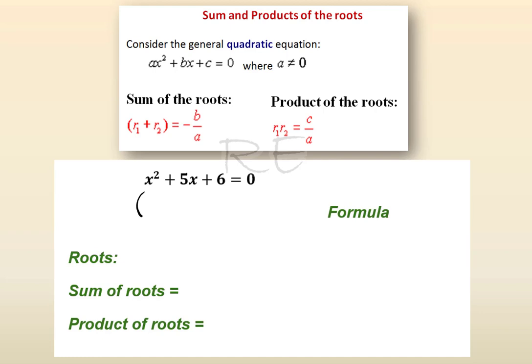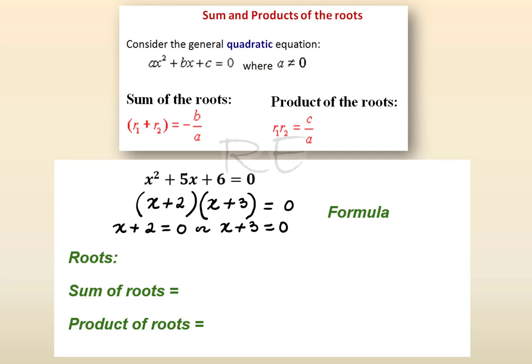Let's compare solving the equation with using the formula. If we were to solve this to find the sum and the product of roots, we would have to factor x squared plus 5x plus 6, which is x plus 2 times x plus 3. Set x plus 2 equal to 0 and x plus 3 equal to 0.